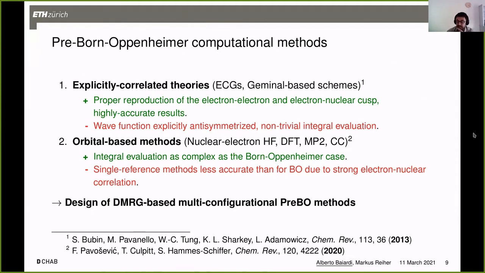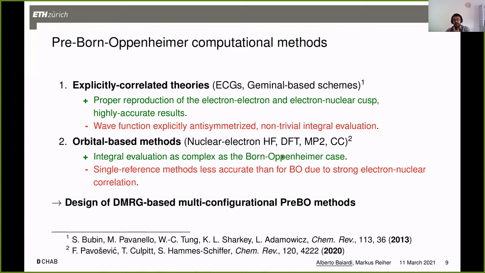The first one being explicitly correlated theories, which are in principle very accurate, but their scaling makes them basically not applicable to systems with more than a few particles. And on the other hand, there are orbital-based methods, which have been pioneered by the group of Professor Anders Schøffer, which basically rely on orbital theory both to describe nuclei and electrons.